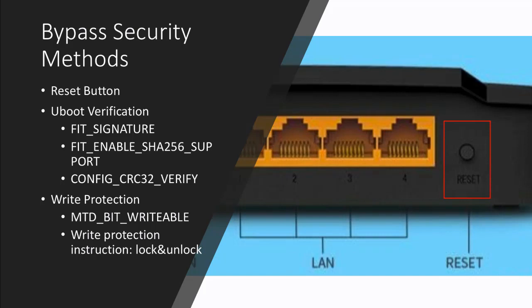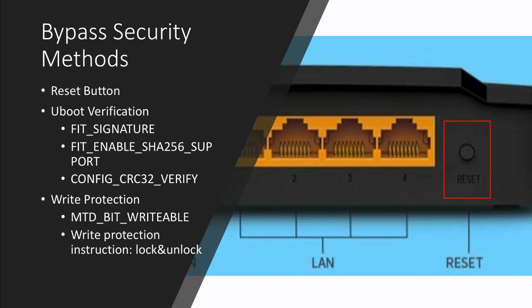Firstly, an offensive feature of UbootKit is that it will not be removed by pressing the reset button. And why? The reset button is a method for rolling back the device into its original factory mode.